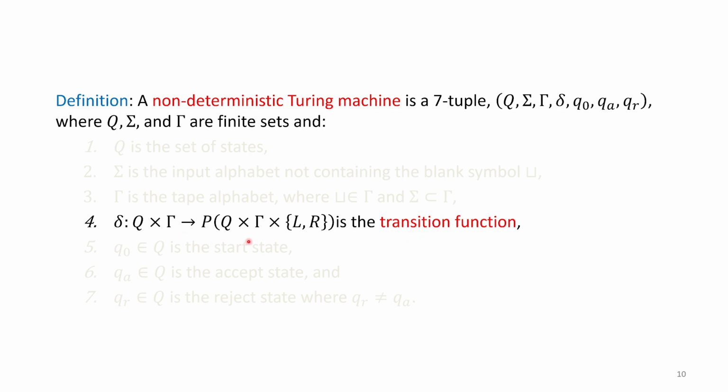If you recall, when we defined non-deterministic finite automata, we made the same change here, which is instead of having our transition function go from a state and a symbol scanned to just a state, symbol scanned, and moving left or right, we now have the power set of that particular cross product, which means we can have 0 possible transitions for any particular state and symbol combo, and we might also have more than one possible transition, and that's where the non-determinism comes in.